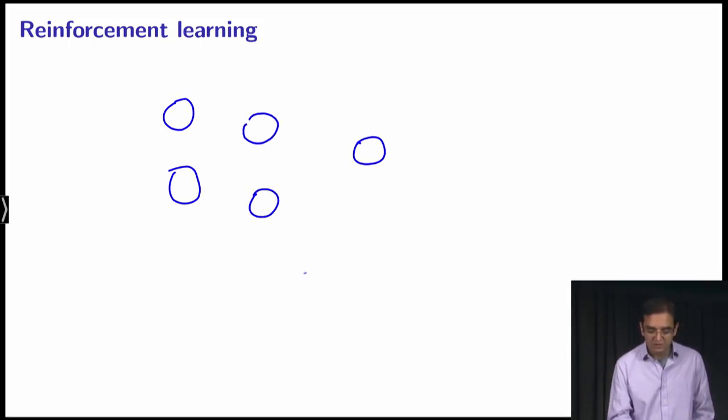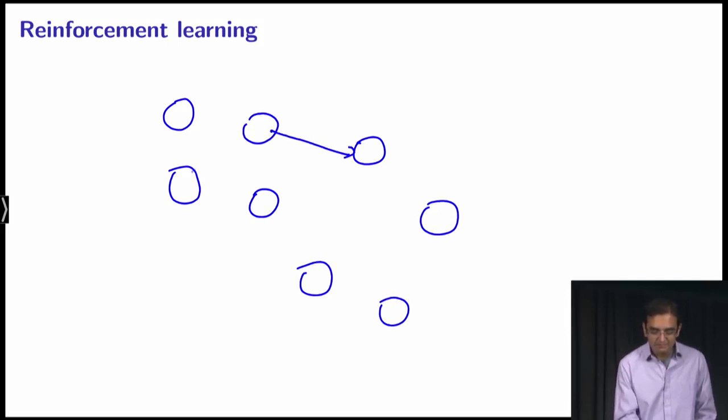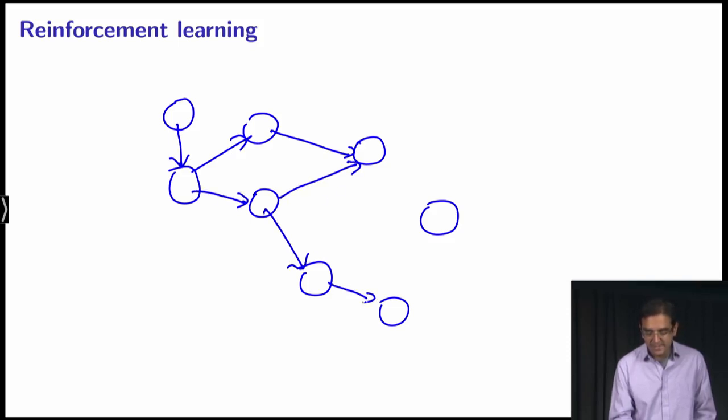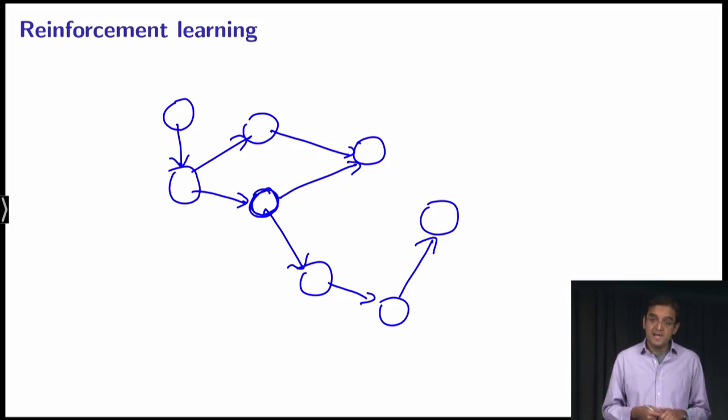And we have lots and lots of these. And they're connected by edges. Now, at any given time, we're in one of these states, the current state of things. So let's say we're in this state. We then choose an action, and the effect of that action is to move us to one of the neighboring states. In this case, either that state or this state.